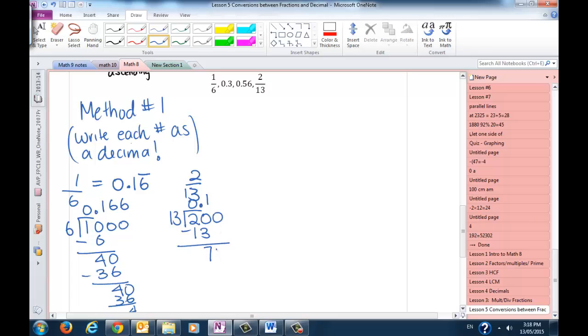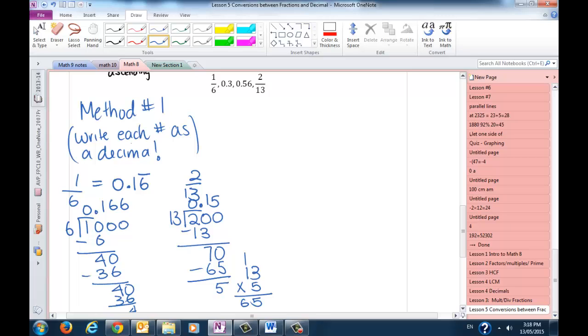I'm going to put another 0 in. 13 goes into 70. Oh, how many times? I'm going to try 5 times. 3 times 5 is 15. 65. I can't add another 13 to that, so I have 65 here. And that was 5 times. And I'm going to subtract it, and I get a 5 out of this.